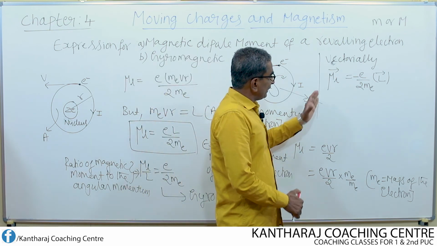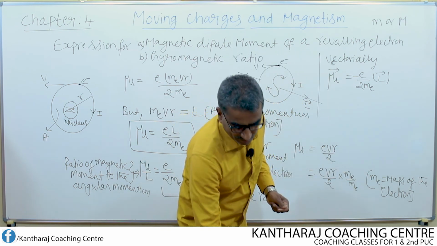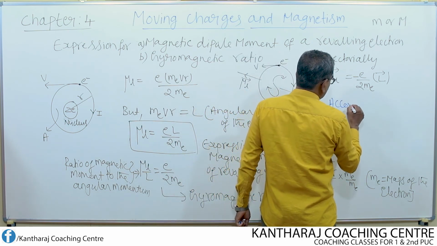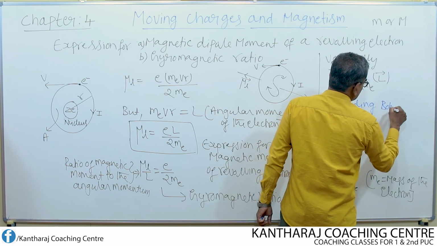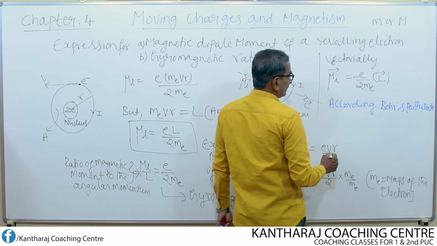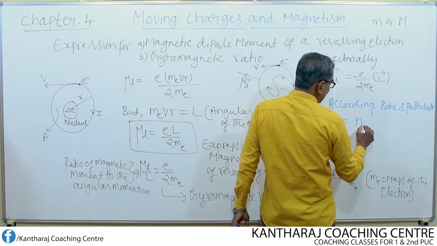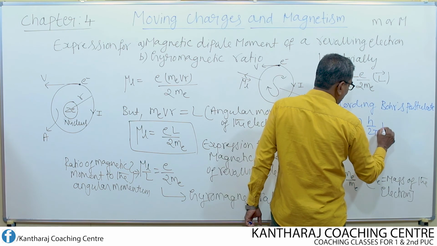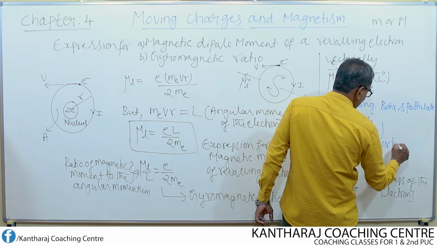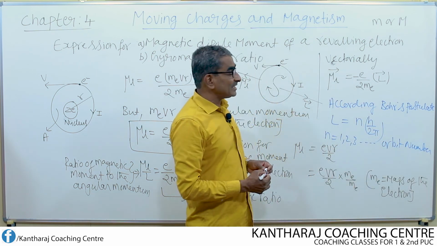Now suppose I substitute for the L value, according to Bohr's theory, that is, according to Bohr's postulate. You are going to study about Bohr's postulate. The angular momentum of the electron is always equal to an integer multiple of h over 2 pi, where n equal to 1, 2, 3 refers to the orbit number or shell number or energy level.